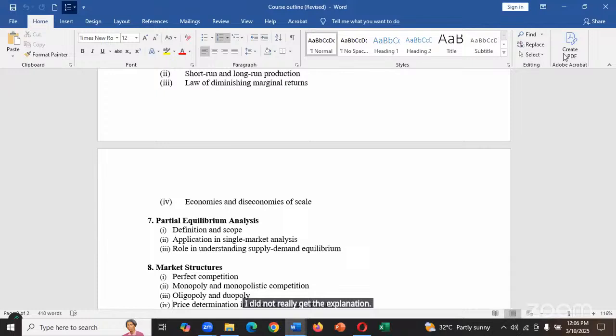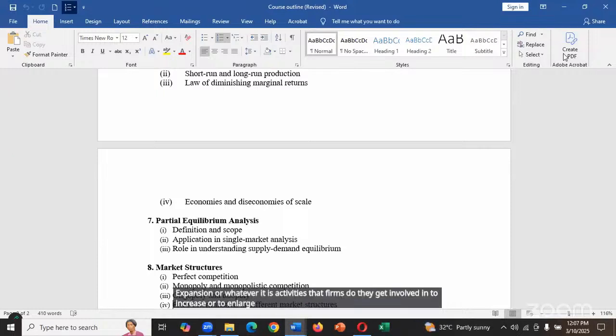All right. It simply points to the activities firms get involved in, or expansion, whatever it is, to increase or enlarge their capacity of production, or maybe to improve their efficiency.